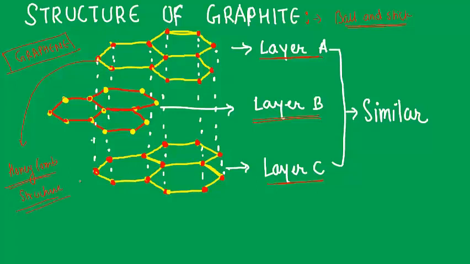Okay. Fine. I have mentioned that this is a ball and stick model. If you observe, this is a ball and this is a stick. This ball is nothing but your carbon atom, and this stick is nothing but the covalent bond present between these carbon atoms.